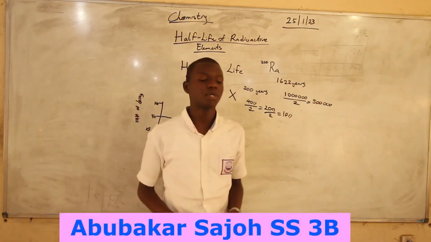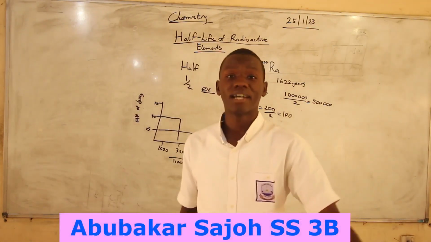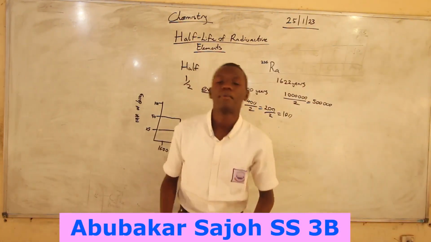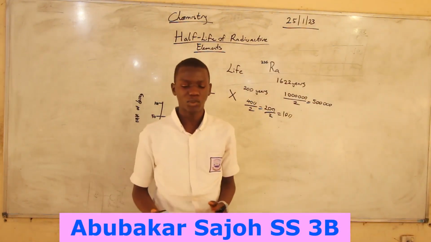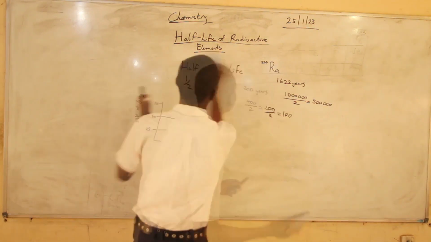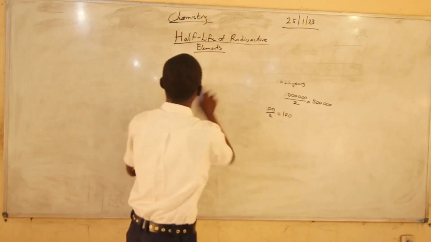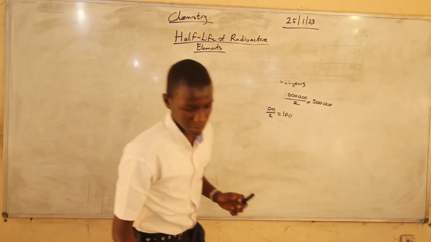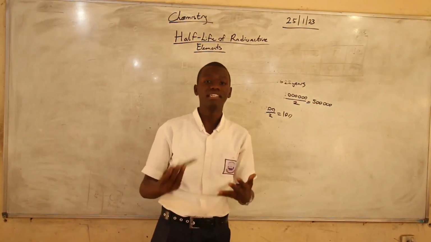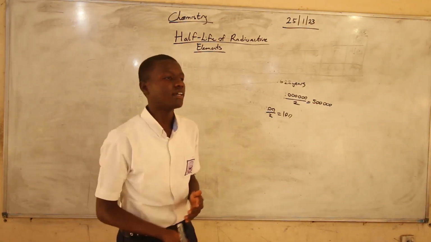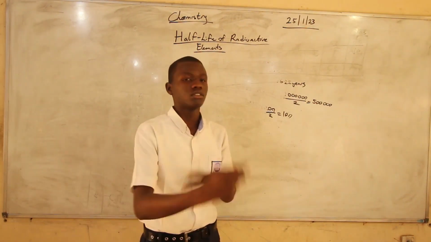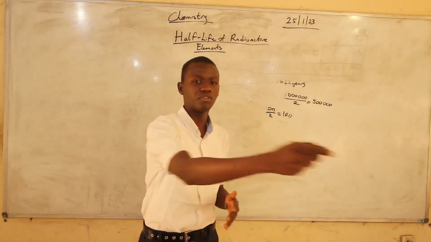And viewers, I am by name Abubakar Ahmed Sajo, and I will be discussing the difference between an ordinary chemical reaction and a nuclear reaction. I don't need to waste time explaining an ordinary chemical reaction because I believe we all know that, and a nuclear reaction has already been discussed by the previous groups.